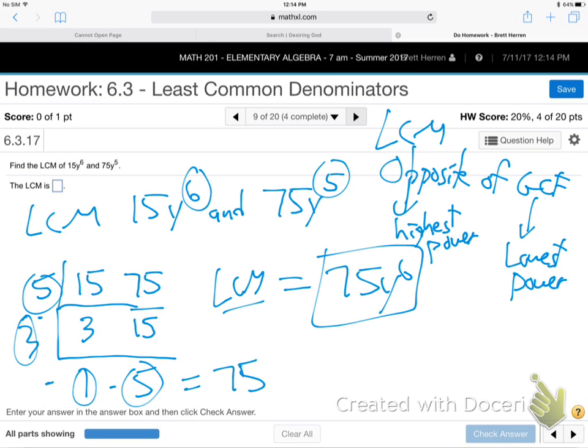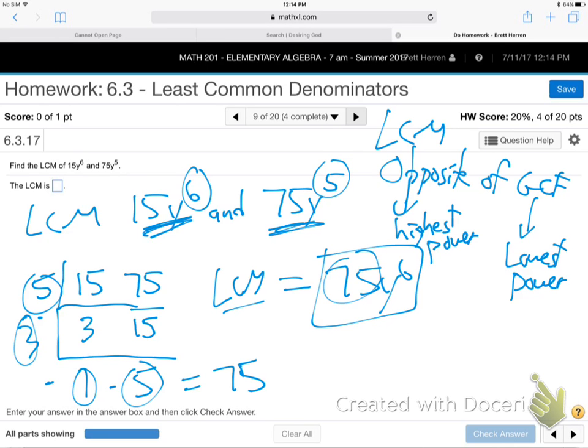Why do we take the highest? Because that's what they fit into. You realize we're finding a common denominator kind of thing. We're saying, what's a container big enough to hold this or to hold that, that they would fit in there? That's what a common multiple is. Least common multiple is the smallest container that'll hold either one of them.